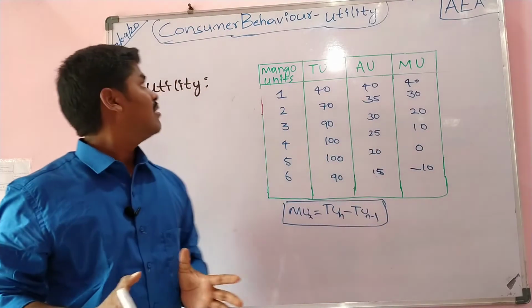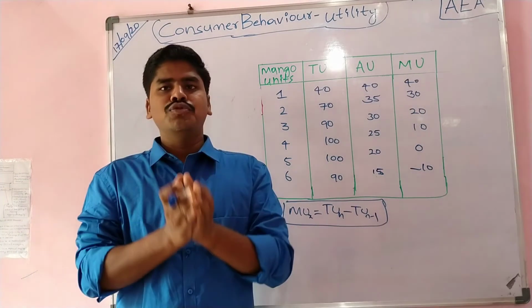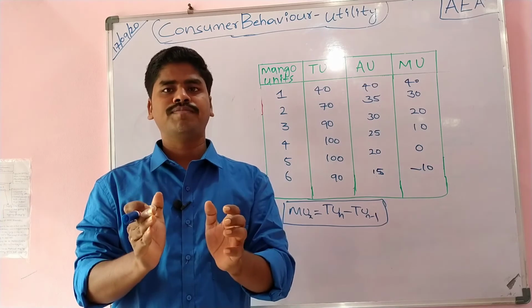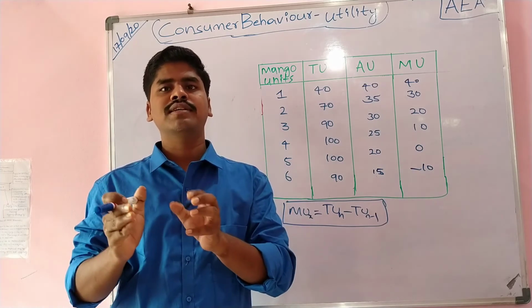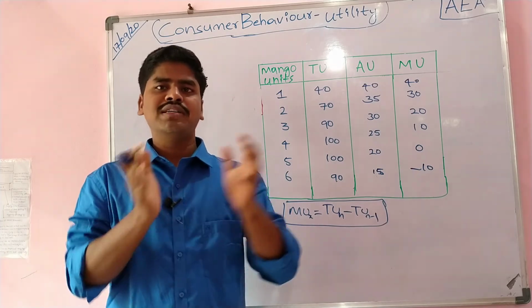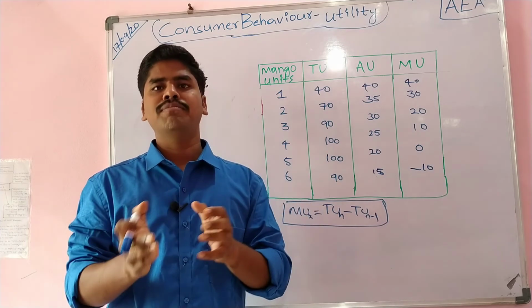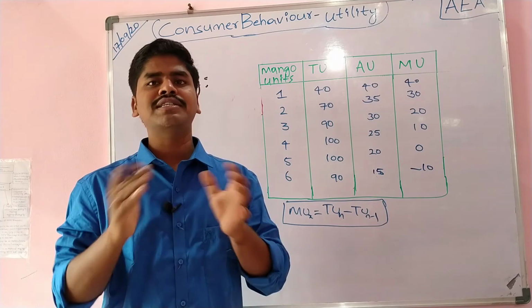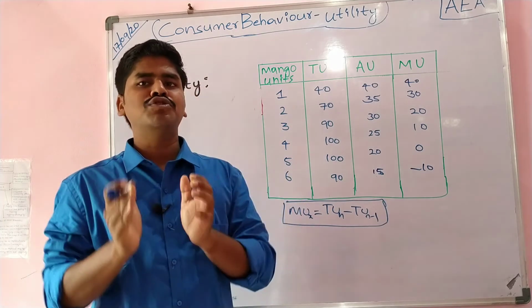So what have we learned today? What is consumer behavior? A consumer is whoever consumes particular goods and services. And behavior means how one responds, what to purchase and what not to purchase. That is consumer behavior.